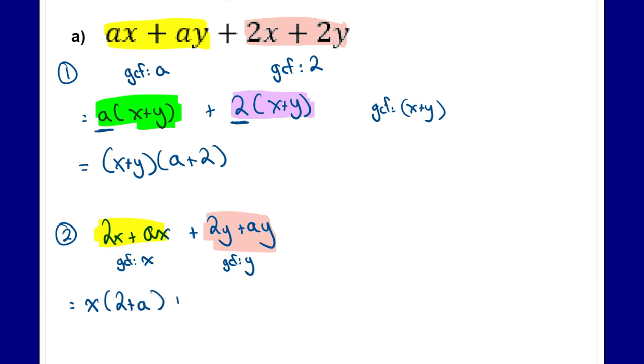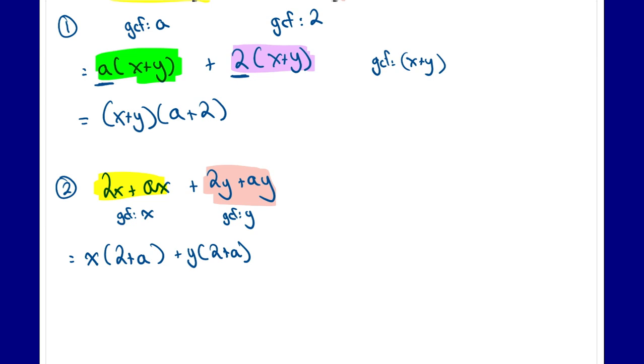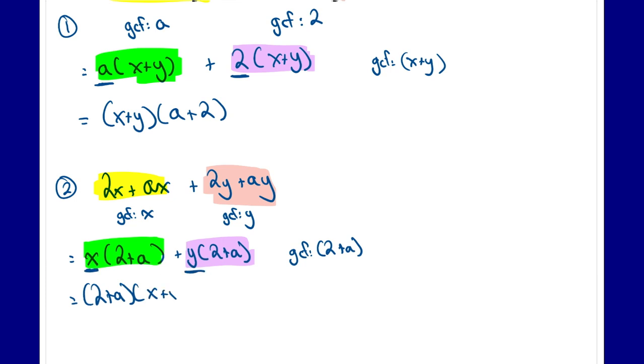If I take out y in the second one, I'm left with 2 plus a. Again, still 2 terms, like the last example, but there is a common factor in these 2 terms: the bracket itself, 2 plus a. So I can take 2 plus a out, and I'm left with x plus y.